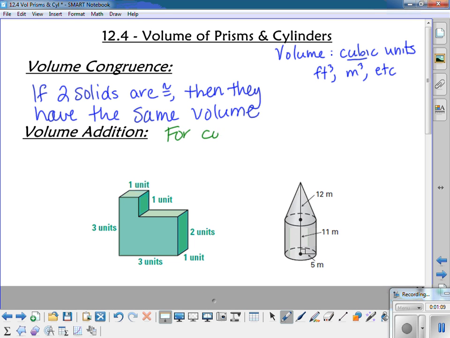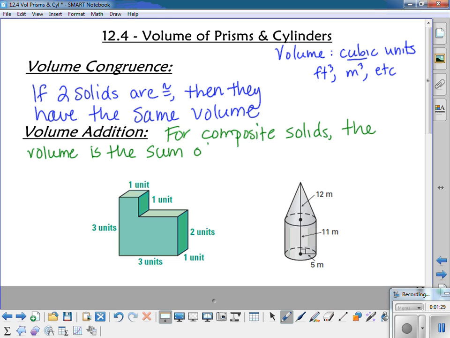So for composite solids, the volume is the sum of the non-overlapping parts.